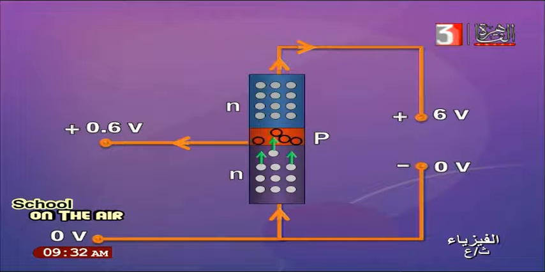Okay, but when the base is connected to the positive terminal, this positive terminal, 0.6 volt positive, will be able to extract these electrons from holes. And this will give the chance for further flow of electrons from the emitter to the base and then through to the collector.